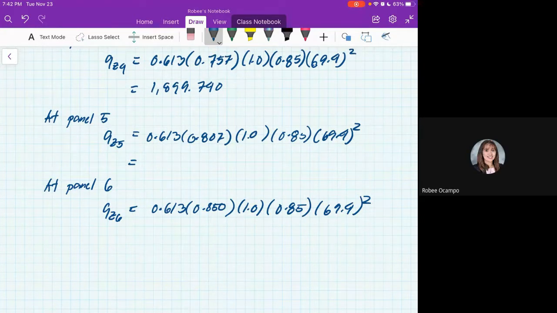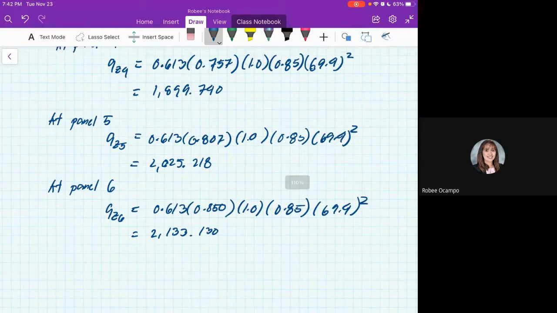And lastly, Miss Relatado, for panel 5, we have 2,025.218. And for panel 6, 2,133.130.